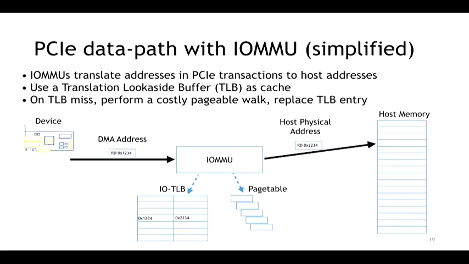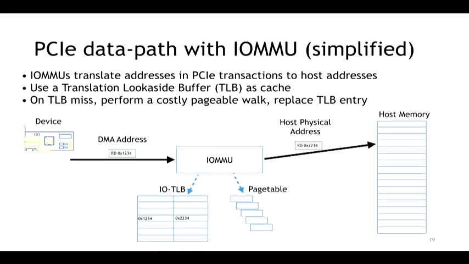It goes through the IOMMU, and the IOMMU then will do a lookup in a cache or a TLB to see whether the translation has already been cached, and will use that cached location. And if it's not in the TLB, it will have to do a page table walk in order to get the destination address. And page table walks are quite expensive because you have to access multiple memory locations, etc. And then you get the host address.